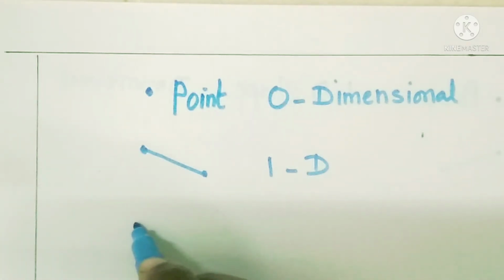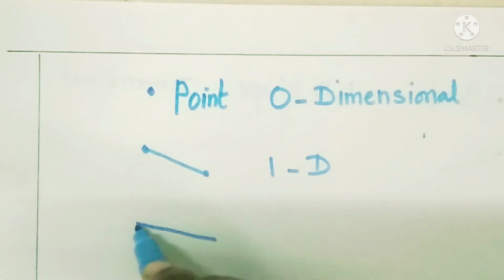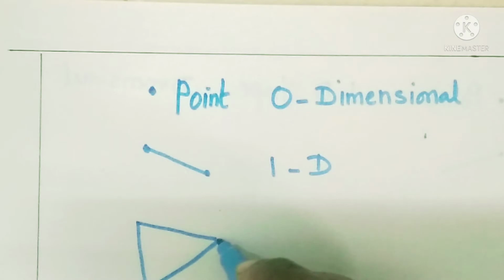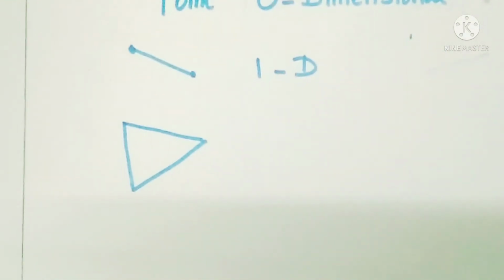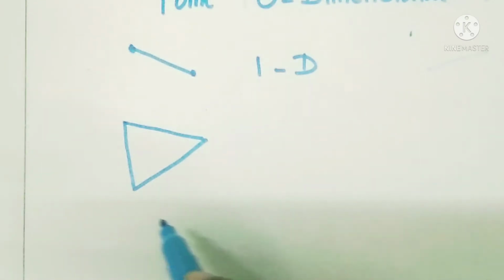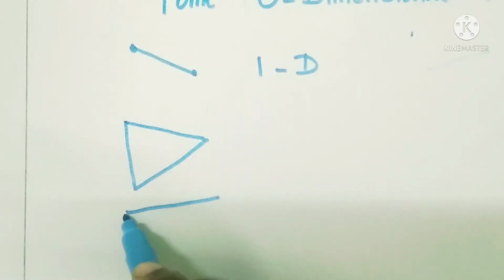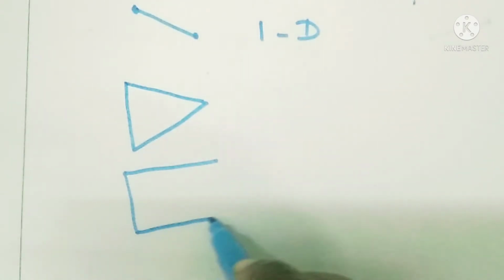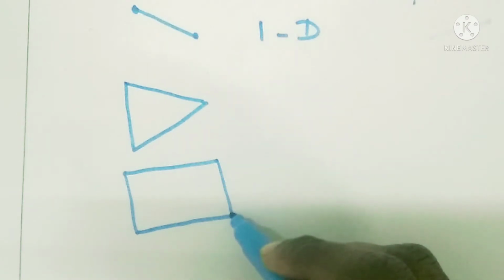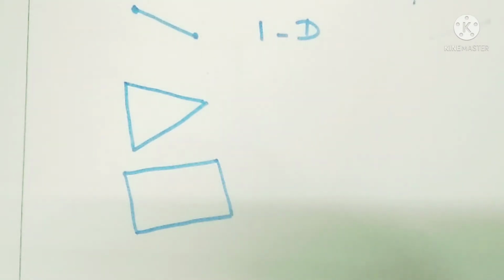Now if you take 3 lines, minimum 3 lines, and join them, you get some shape. What is the shape called? It is a triangle. Or if you take 2 line segments of equal length and join them using some other line segments, you get a 4-sided figure.